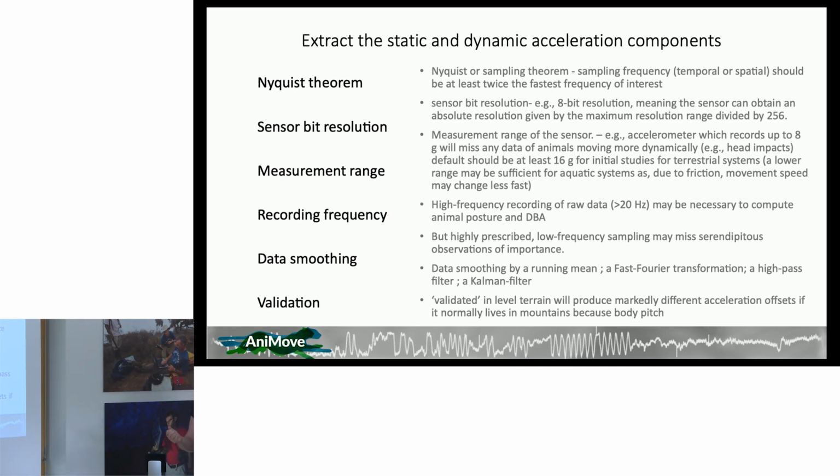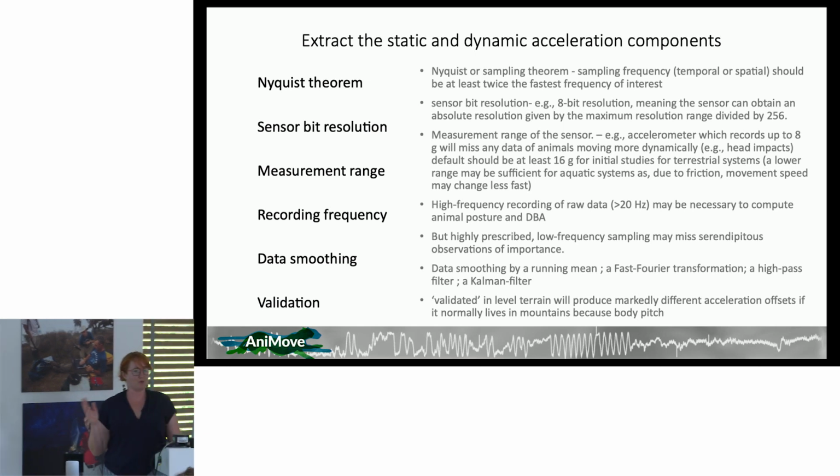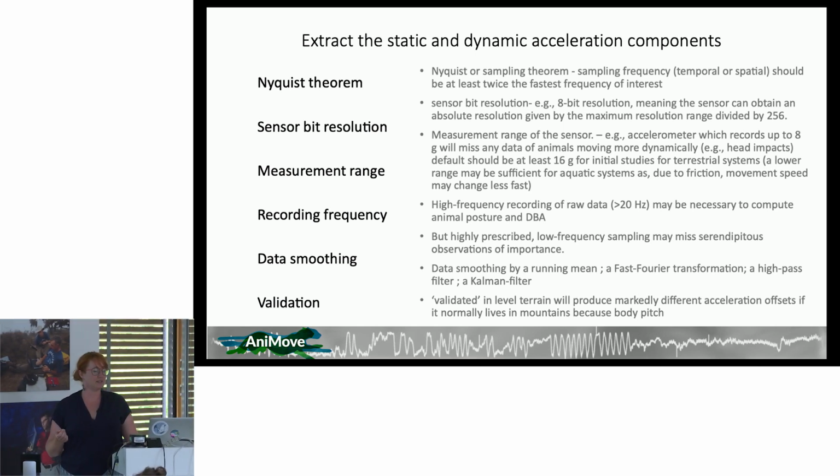If you don't remove that, then say you only have a 2-axis accelerometer, you don't know how to partition the gravitational force of you just standing there but at a different angle in that axis, or you actually moving in that axis.